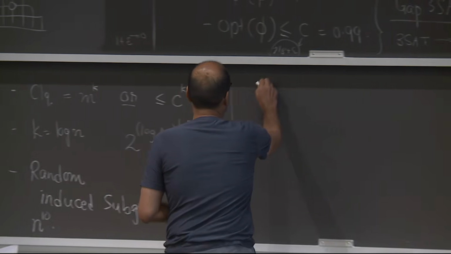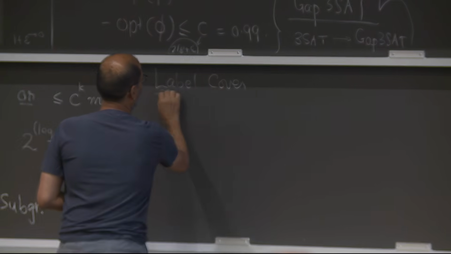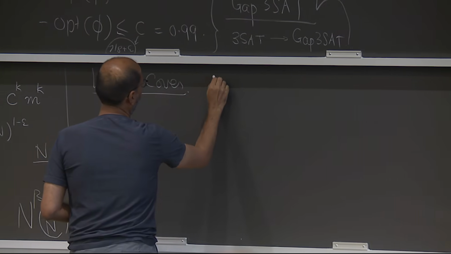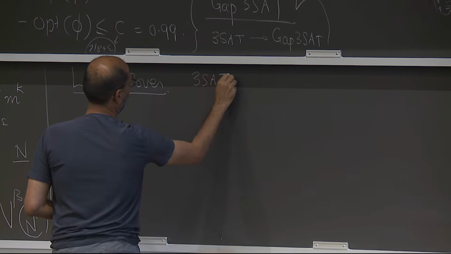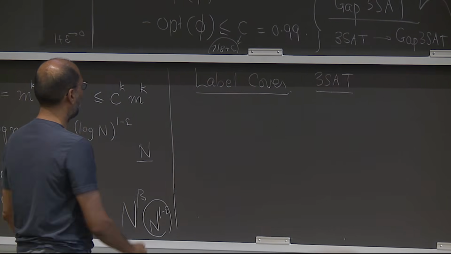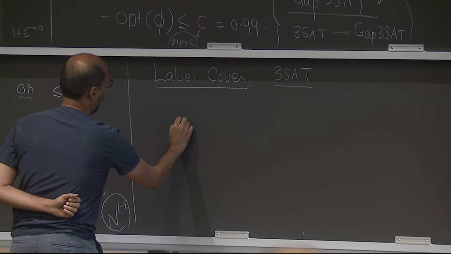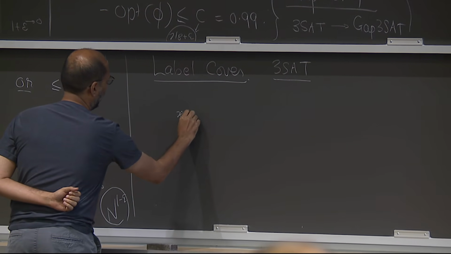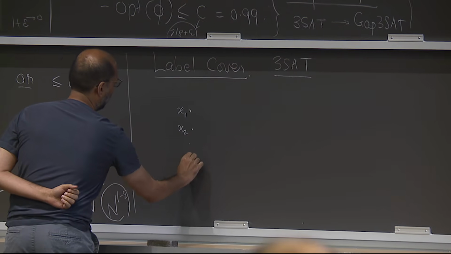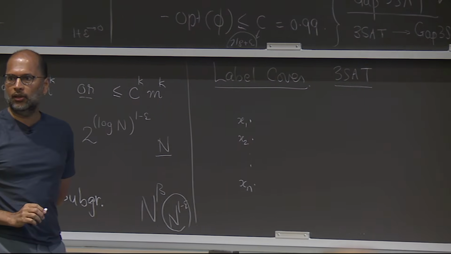So what's label cover? You start with 3 sat or gap 3 sat, which has variables and clauses. From this, you build an instance of label cover, which is a labeling problem. So you construct a bipartite graph whose left-hand side is all the variables of the 3 sat instance.